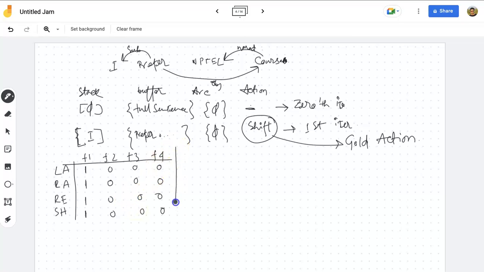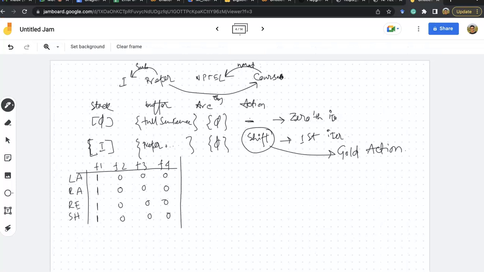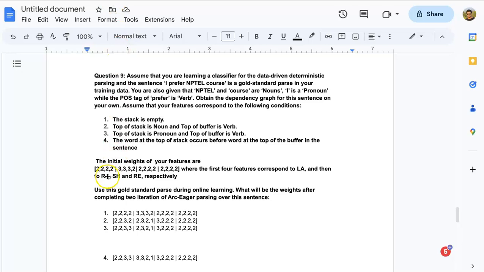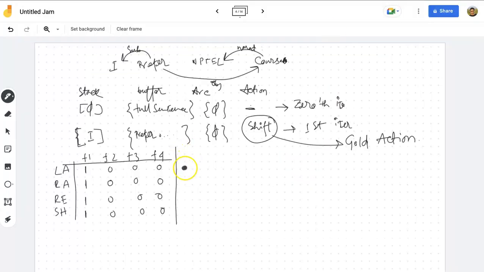Now what are the weights for all these actions? If you check, the weights are 2, 2, 2, 2 for left arc.